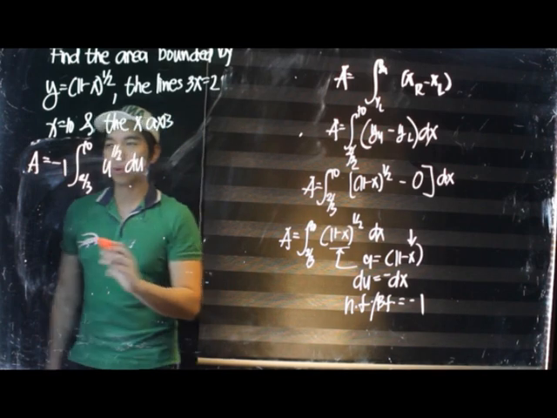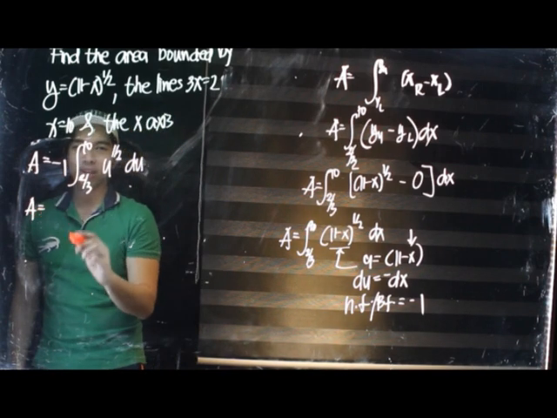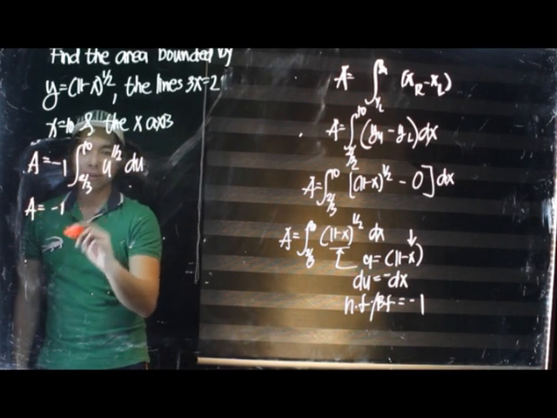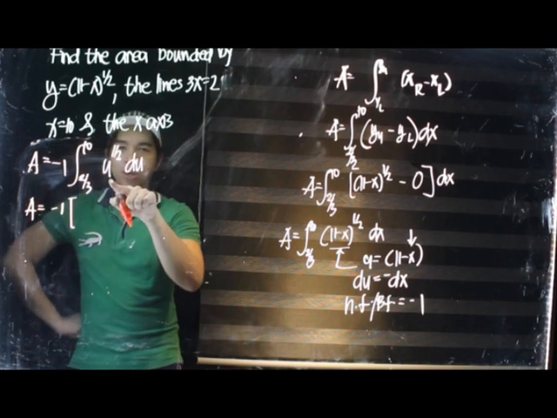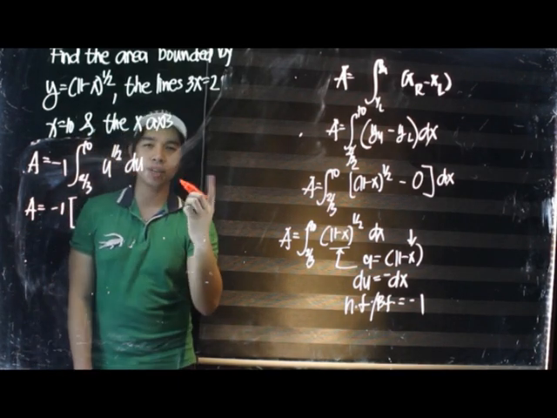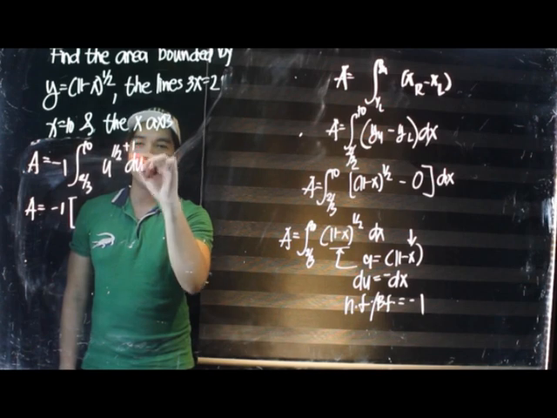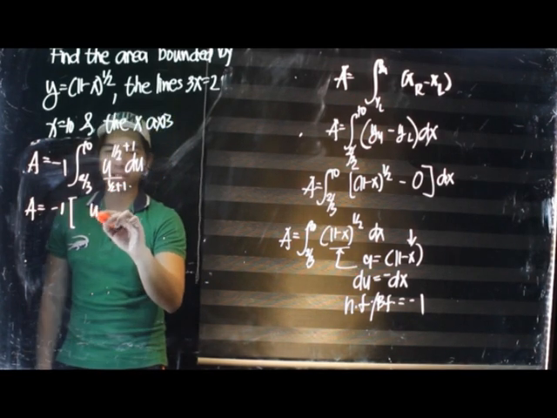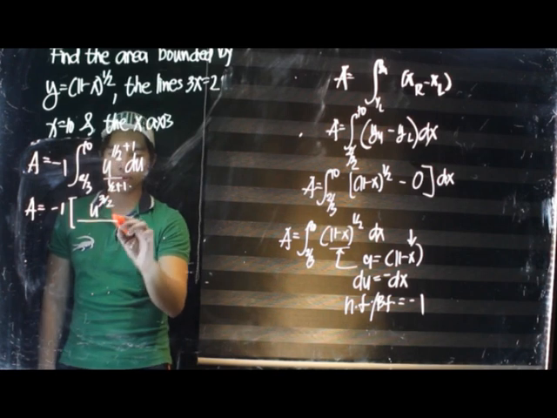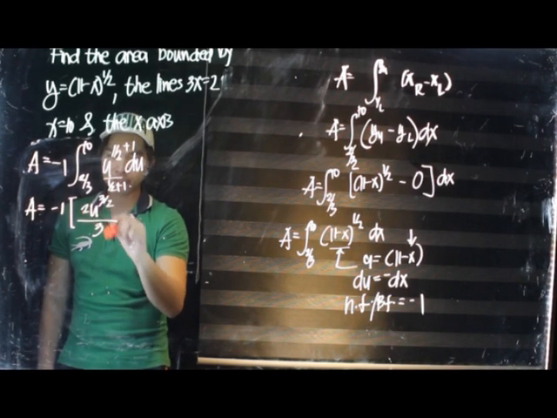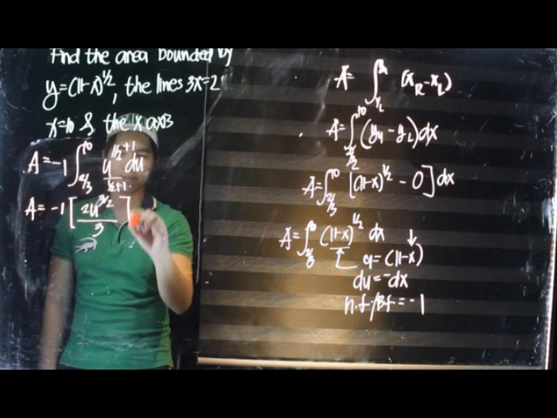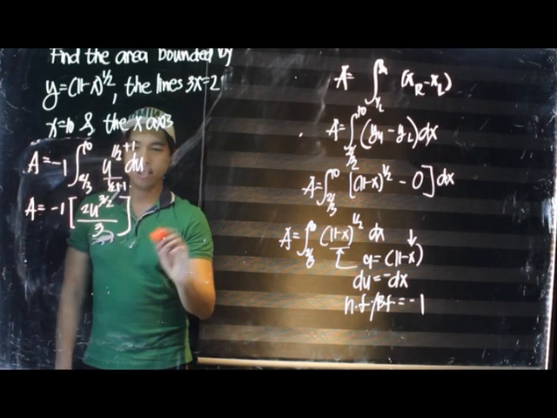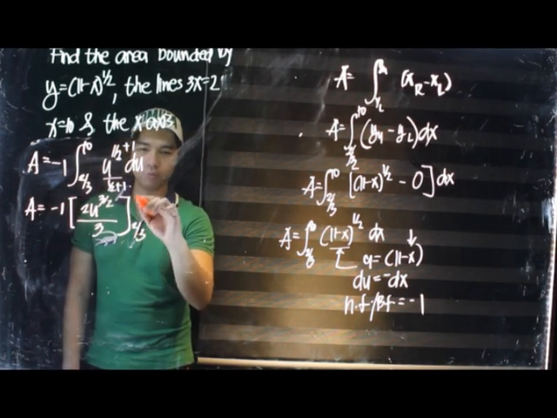Integrating with respect to u, our area becomes -1 quantity. So u raised to 1/2, we can use the power rule here. So that will be +1 over 1/2 plus 1, and that becomes u raised to 3/2 over 3/2, or 2/3, and then our limits from 2/3 to 10.